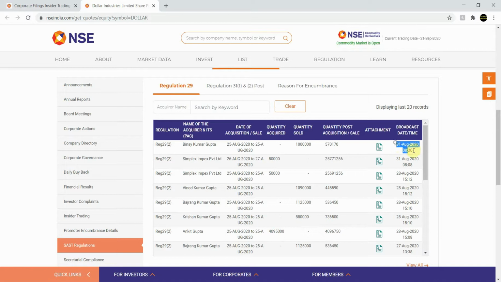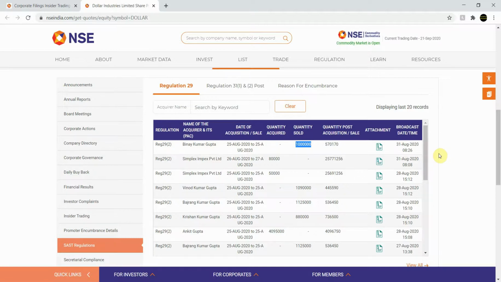As you can see, on 31 August 2020, Binay Kumar Gupta has reported a selling of this much quantity. So it fails this criterion as there has been a selling reported in the last 6 months. The last 6 months should be considered from the day we are doing the analysis.